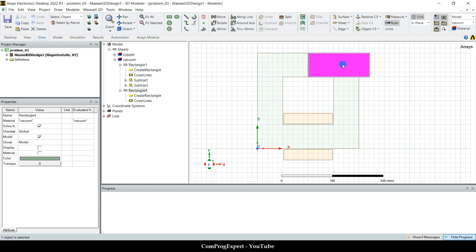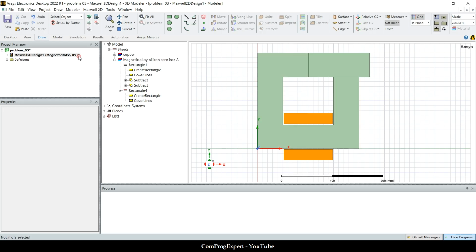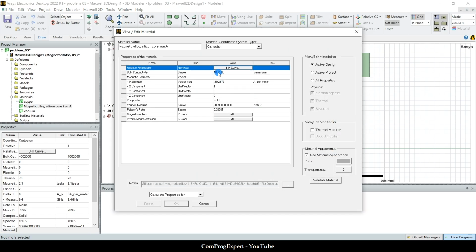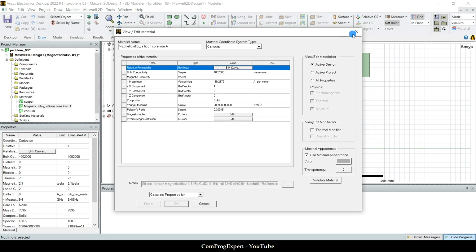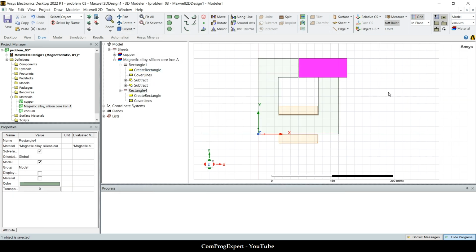And here I am going to use this material we used before, magnetic alloy silicon core iron. Here you can see the HB curve of this material. So yes, we defined objects, we defined materials.